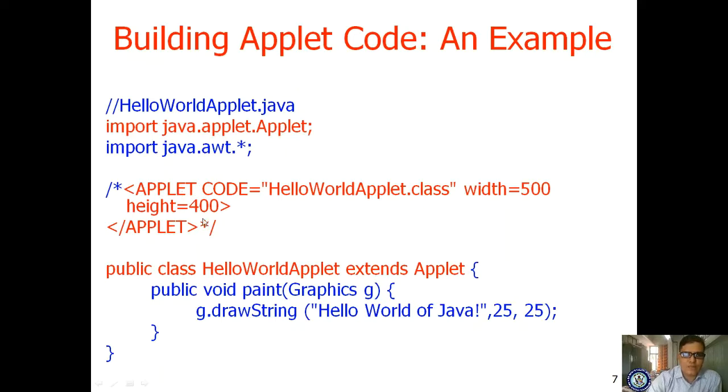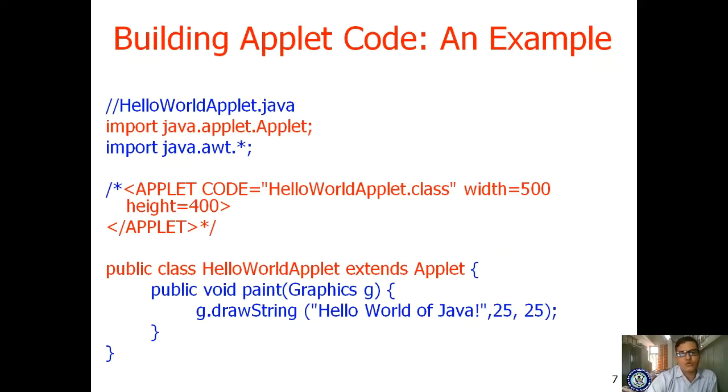The applet tag has code, which is an attribute. In this attribute you supply the value of the compiled Java class file. You are supplying the compiled Java source code. When you compile Java source code, we get one class file.